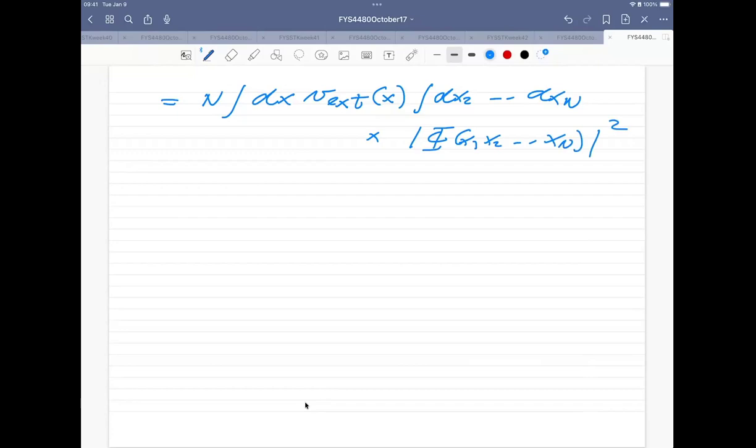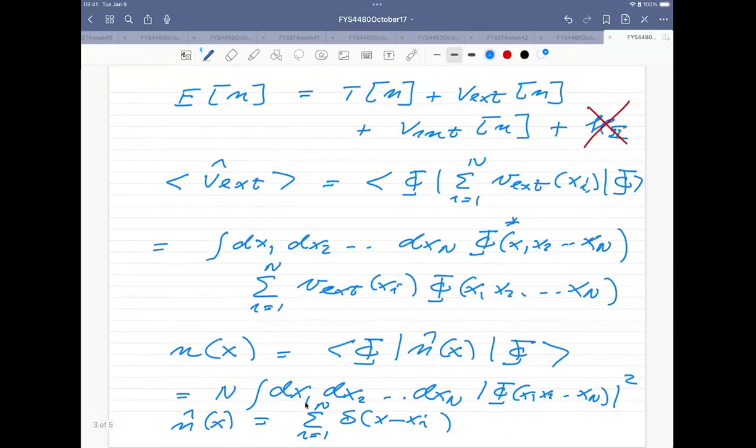Now, this quantity which you have here, if we now go back to the definition of the density n of x, this is nothing but the integral dx V external of x times n of x. Does that make sense? If we look back at the definition we had for the density, I mean the diagonal term of the density matrix, this is the way we defined it.